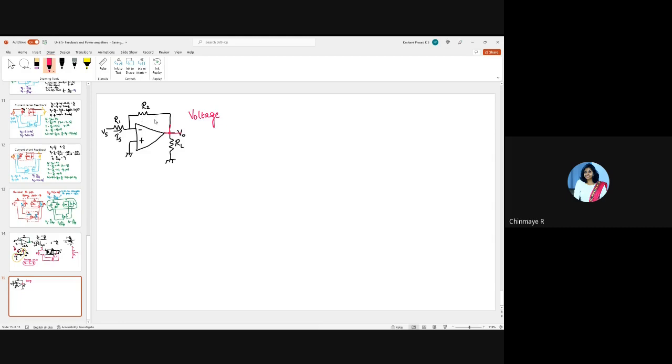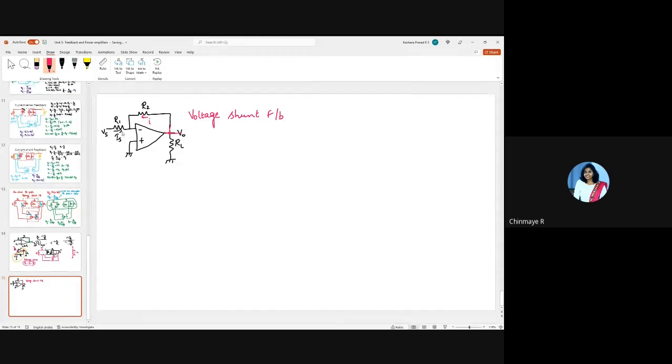So now, due to this voltage Vo, there is a current I through this resistor, and this current is fed back, right? So you're not feeding back anything across a resistor here. You're feeding back the current through the resistor, right? So since you're feeding back current, it is fed back in shunt, right? So therefore, this is voltage shunt feedback.